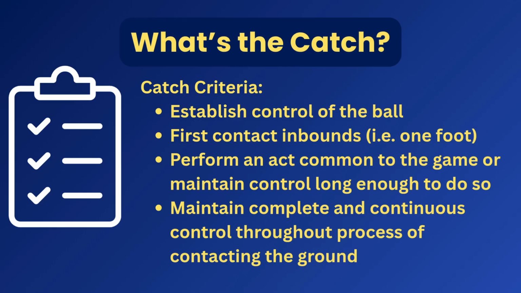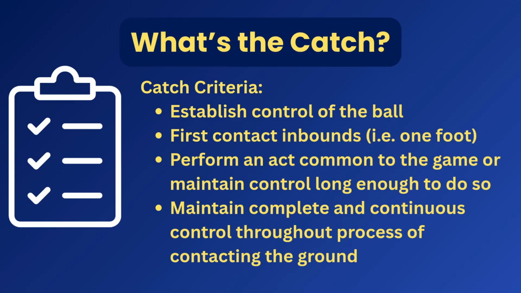Obviously, if you watch the NFL or college football, there's always lots of conversation on what is or is not a catch. It's the same criteria for us as it is for high school football. If we have a close call on whether they caught it or not, that player needs to have control long enough and perform an act common to the game, meaning if they take a third step, that might be an act common to the game.